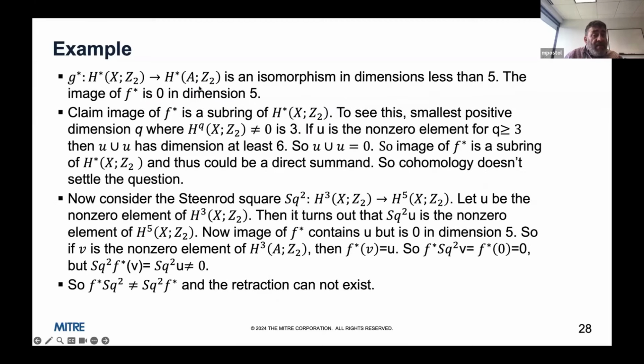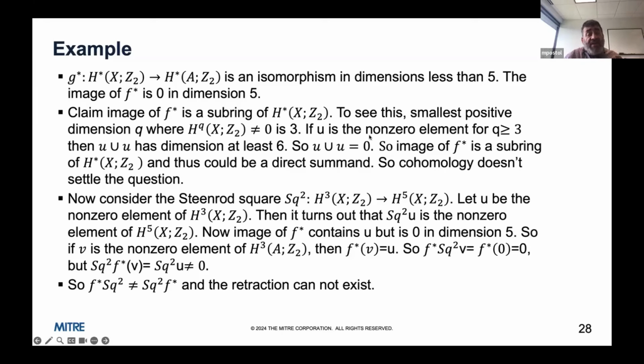All right, so now we know that G star is going to be an isomorphism in dimensions less than 5. And the image of F star is 0 in dimension 5, just because you're starting from 0. So the image of F star, if this is going to be a retraction, it has to be a subring. And this is actually true because the smallest dimension where it isn't 0 is 3.